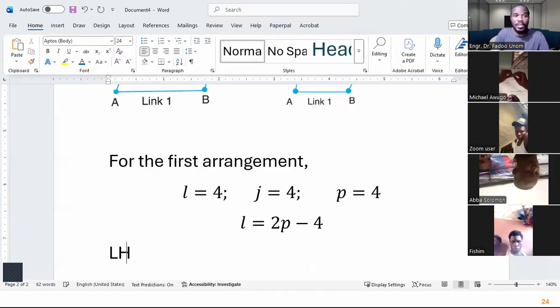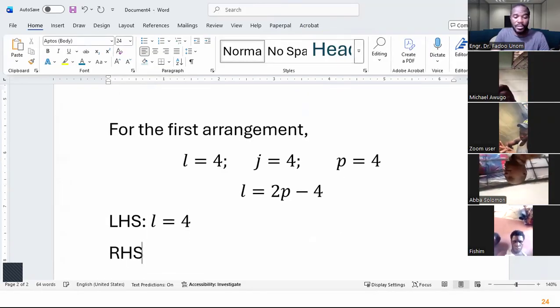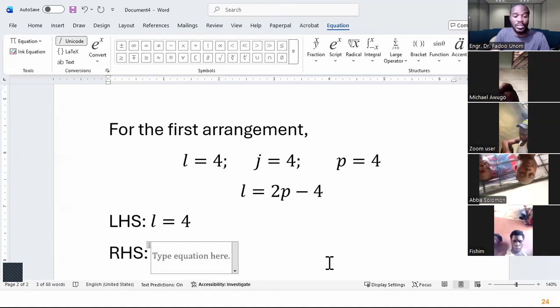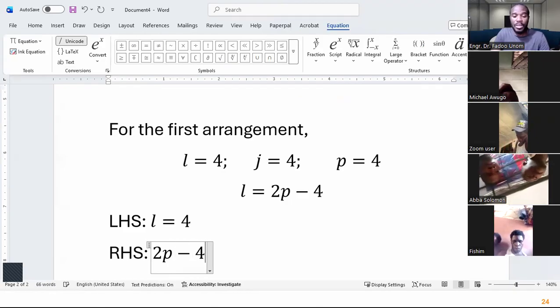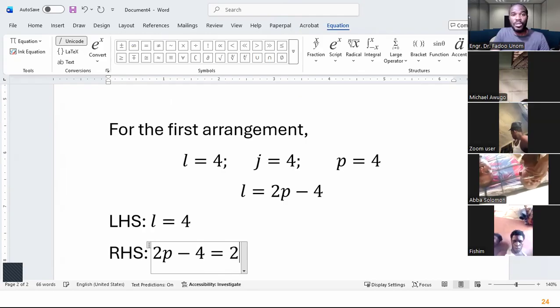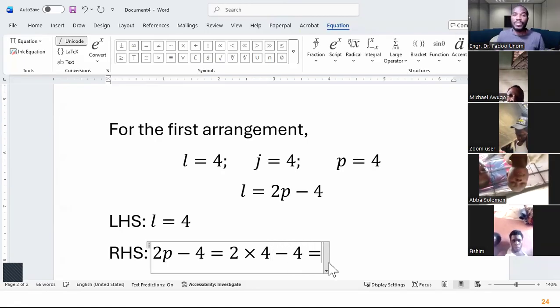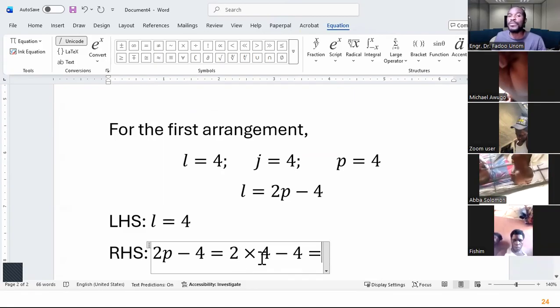Let's check the left-hand side. The left-hand side simply is L and it is 4. Let's check the right-hand side. The right-hand side says 2P minus 4, and that will be 2 times P. There are 4 P's there, minus 4. So this will be 2 times 4, which is 8.